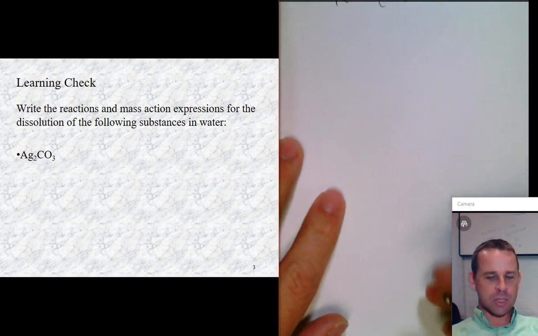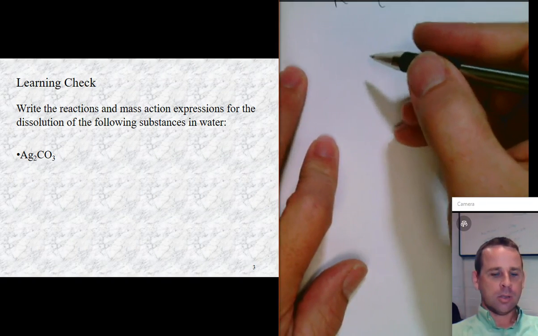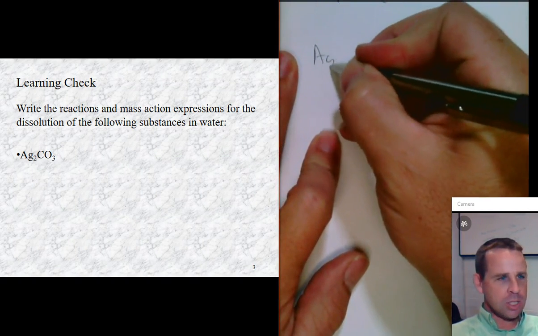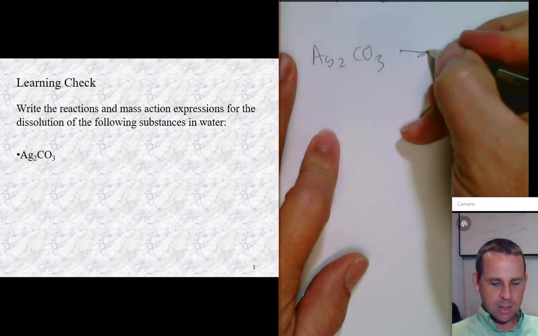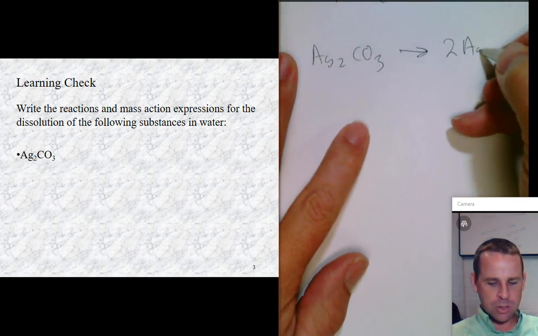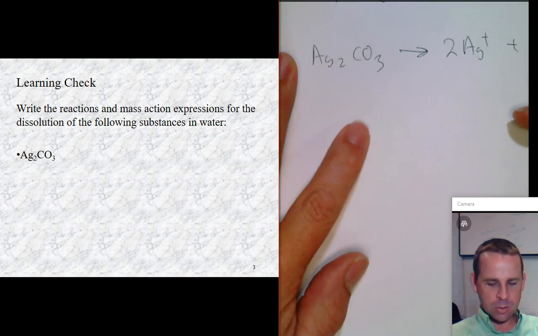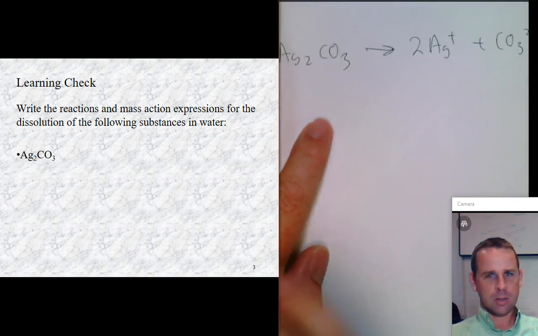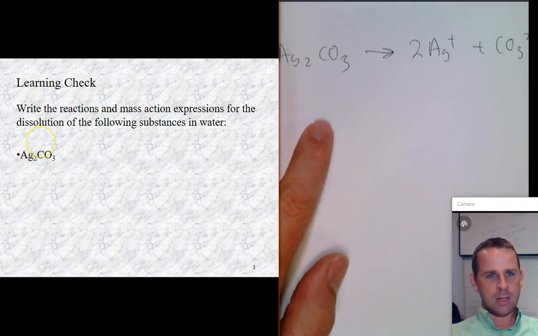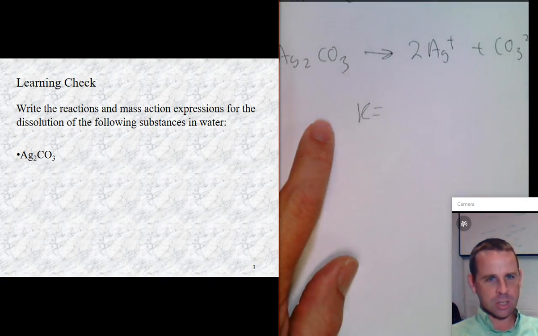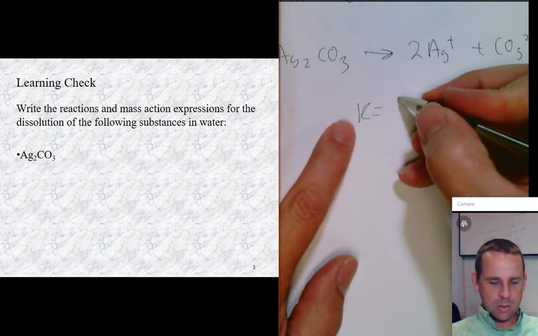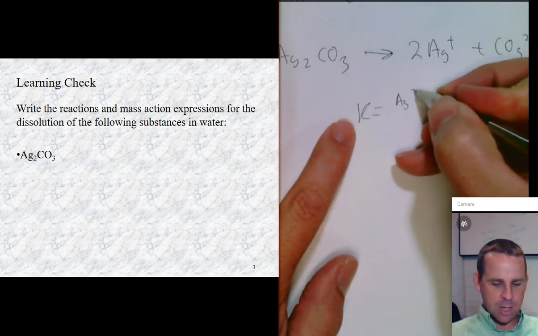All right, I think we should have it by now. Okay, so we had Ag2CO3. If that dissociates, it's going to be 2 silver ions and a CO3 2- ion. Okay, and if that is our dissociation, then the K for this reaction is going to be the concentration of silver ion squared.